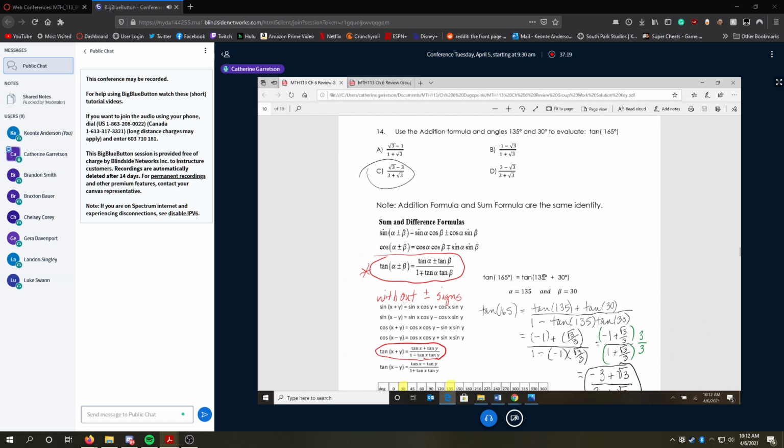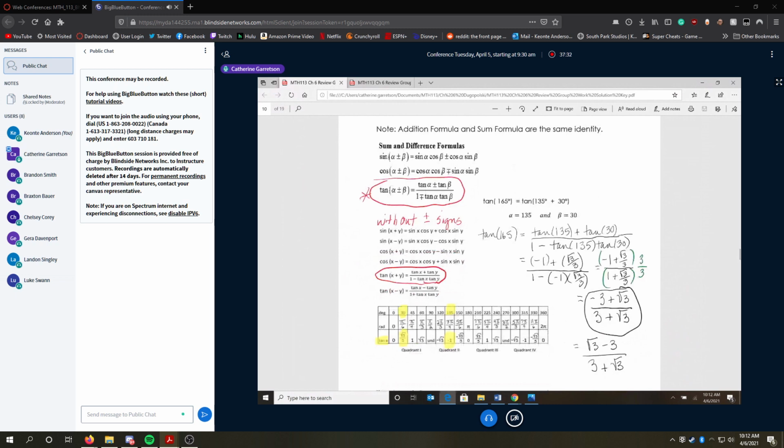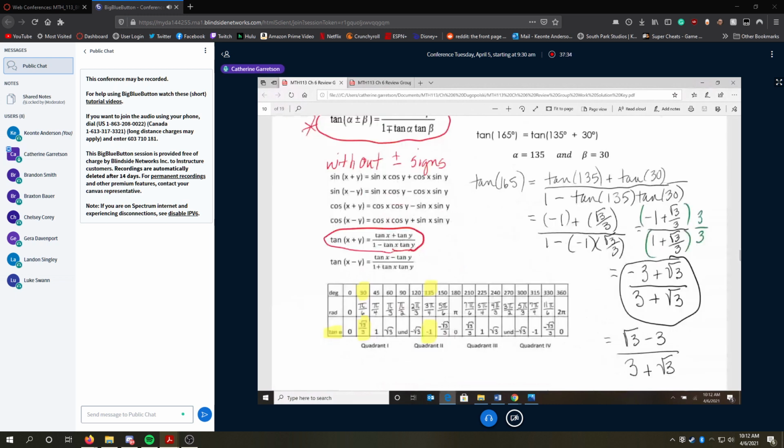So this would be the tan of this standard angle plus the tangent of this standard angle, then one subtract the tangent of the two standard angles together. So I have to go to my table and see what is the tangent at 135, and it's -1. What is the tangent at 30? It's √3/3. So I put that there.